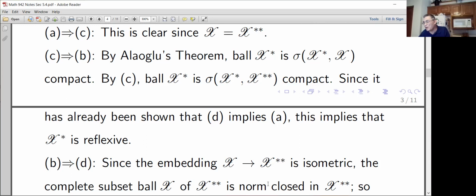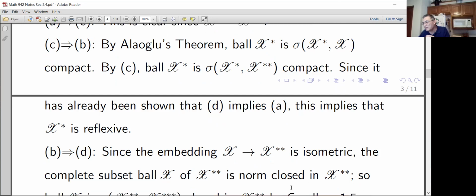If it is norm closed, that means it is closed in the original topology, the natural topology of X double star.